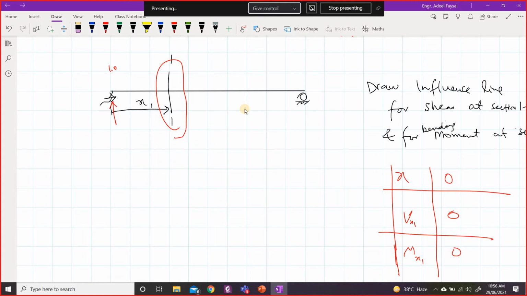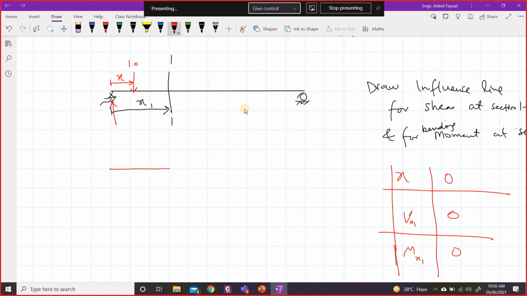And then when you place the load slightly on this side, let's say at distance x, you will have to find again shear at this location and bending moment at this location. It means you will have to cut the beam at section 1-1 and draw the free body diagram. So how would you proceed?